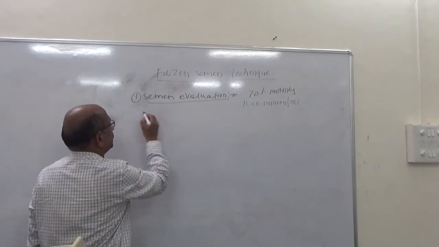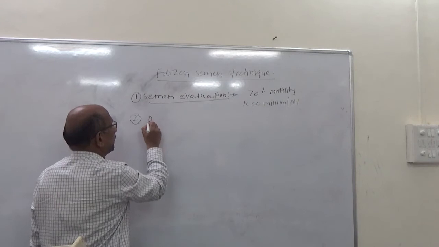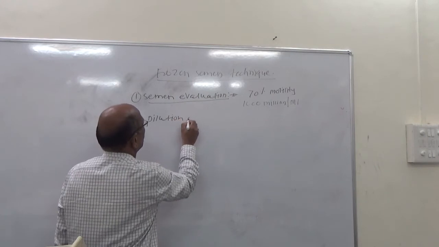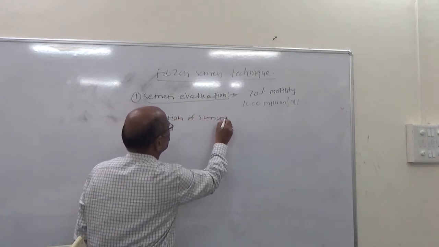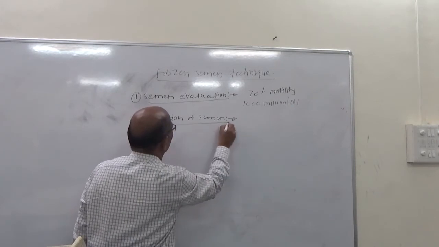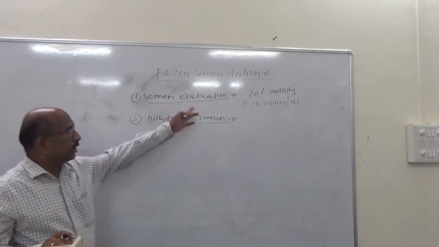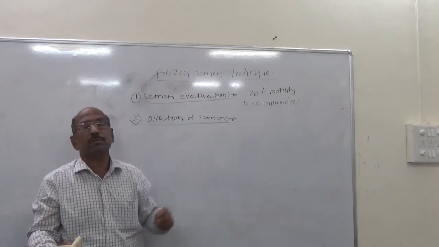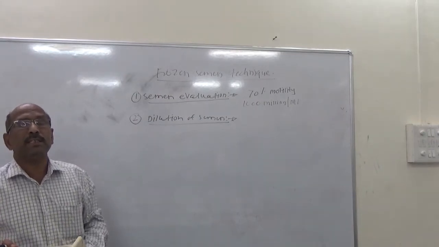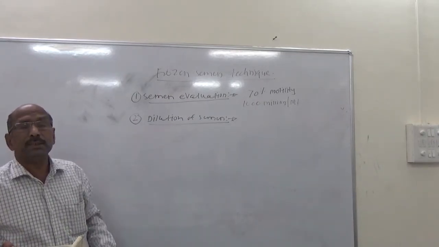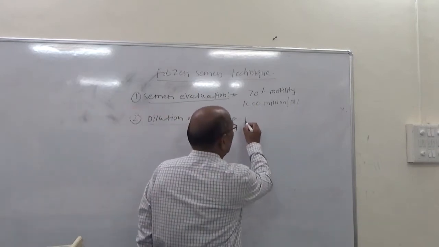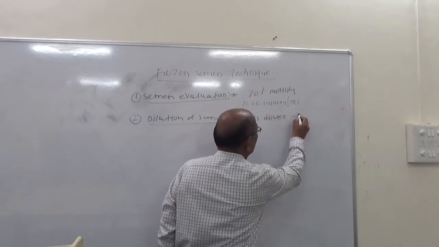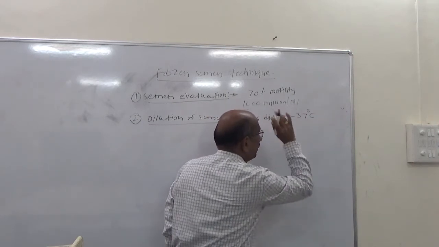Second, after evaluation, the second step is dilution of semen. After evaluation of freshly collected semen samples having 70% motility and a sperm concentration of 1000 million per ml, the semen is diluted with Tris diluter at 37 degrees centigrade.